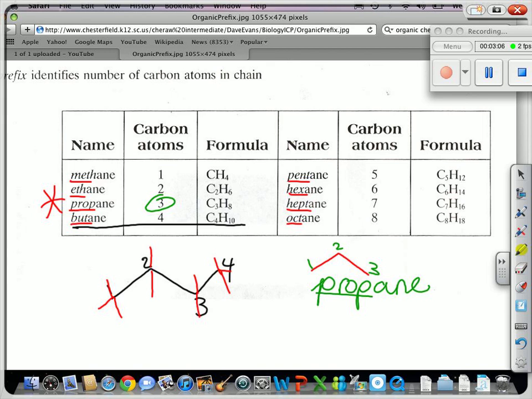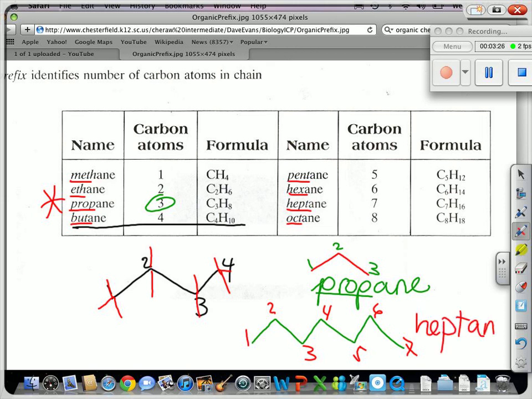Let's say I draw you this one. There's 1, 2, 3, 4, 5, 6, 7 carbons. So what would I call this one? I would call it heptane for the 7 carbons. Now we know how to name simple alkanes.